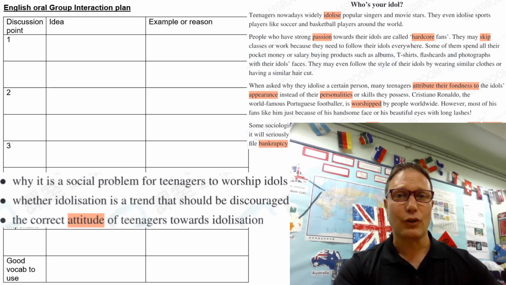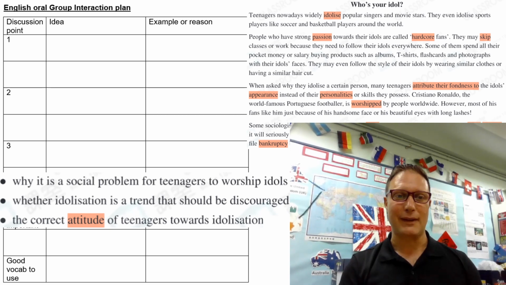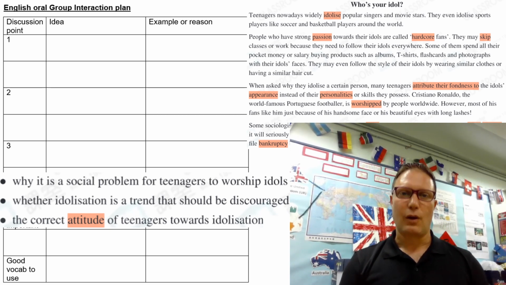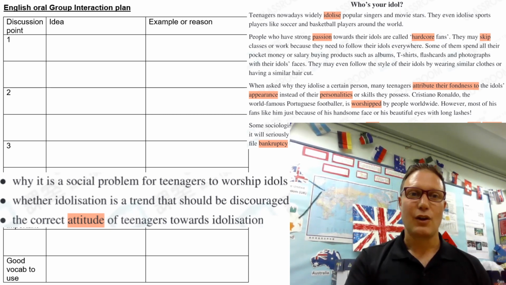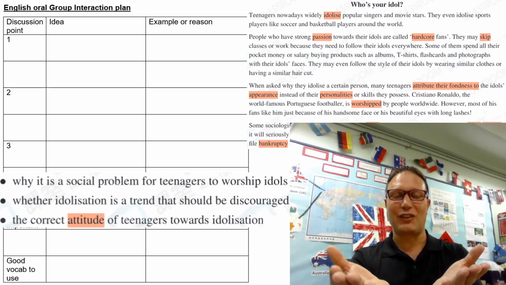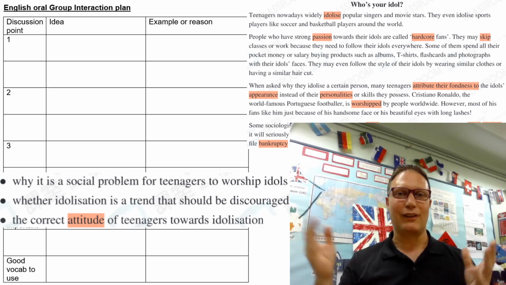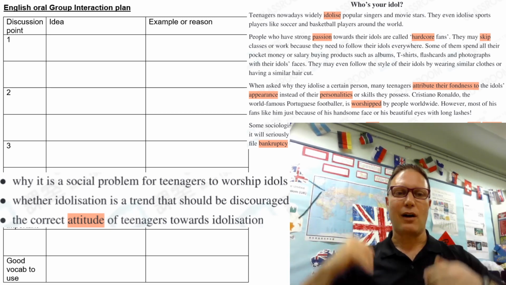And if you haven't got 2 ideas, then you haven't used the time properly. And with each idea, you need an example or a reason. An idea without an example or a reason is just a point. You could just read it. It doesn't really give you higher marks.